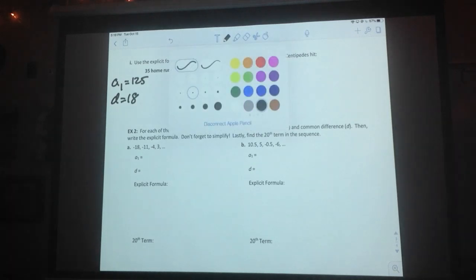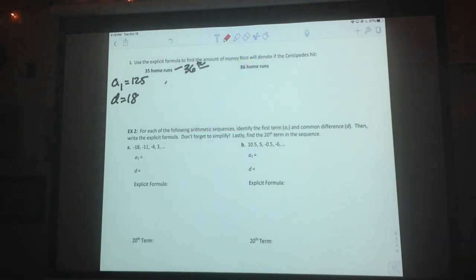So let's build this formula. A of n, what I'm looking for, 125 plus 18 times n, that is the 36 minus 1, right?